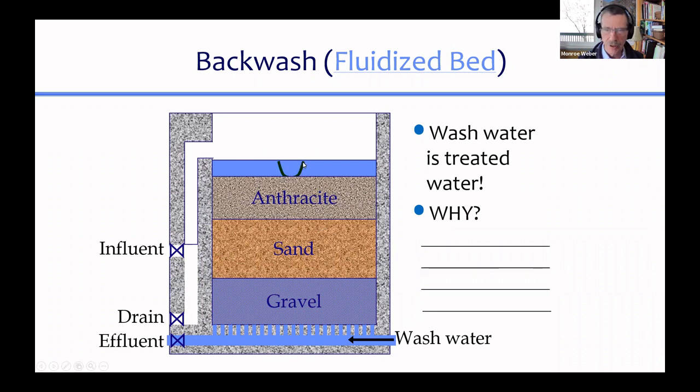So there's this black trough that's at the top of the filter, and that is exiting, and it's actually dumping the backwash water out onto your desktop, right? It's coming right out of the screen at you. And so water is going up through the gravel, sand, and anthracite, and the gravel has a high enough terminal velocity that it's not being fluidized, it's not suspended, but the sand and the anthracite are up there moving around.